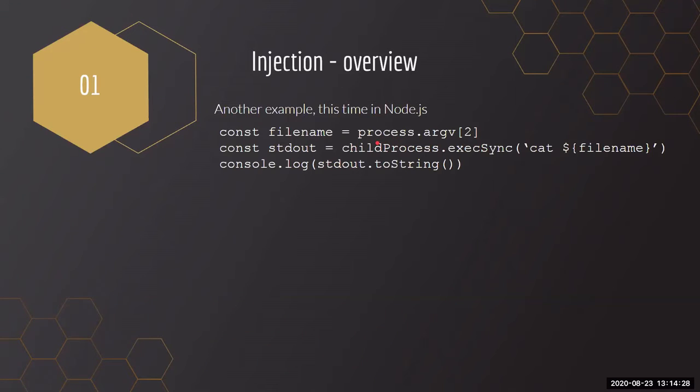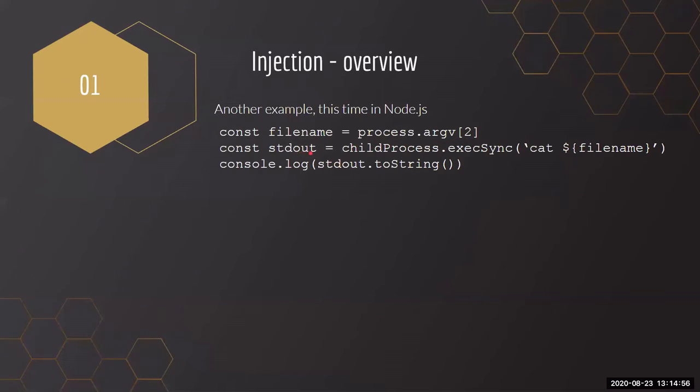For those of you who don't know, in the Linux command line, process.argv[2] is just going to be an argument you pass to a program. So you would run node space your filename.js space whatever file name you want to pass to the program, and that'll be put here in the argv[2].